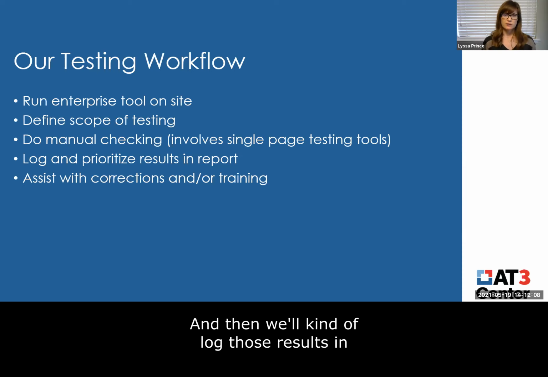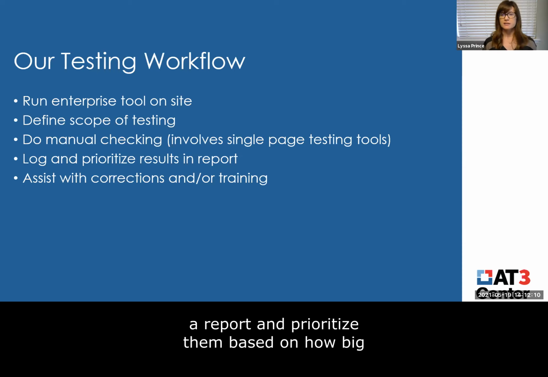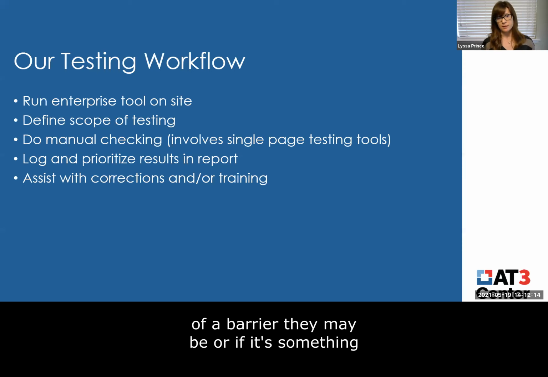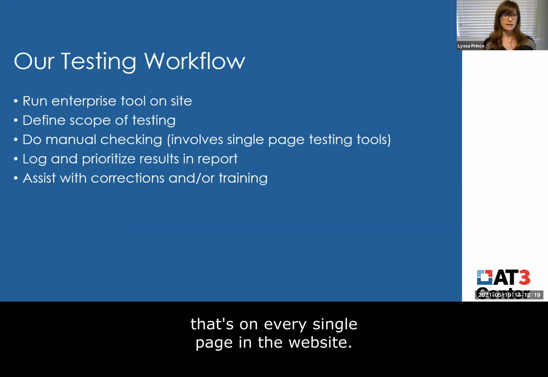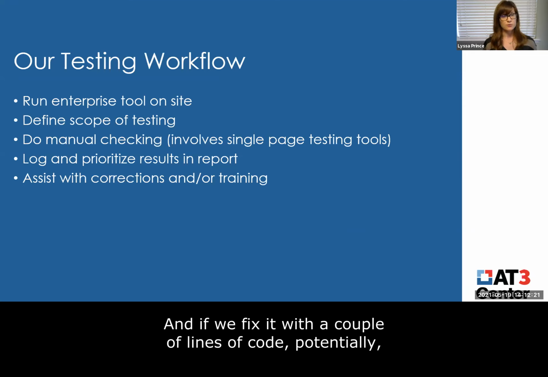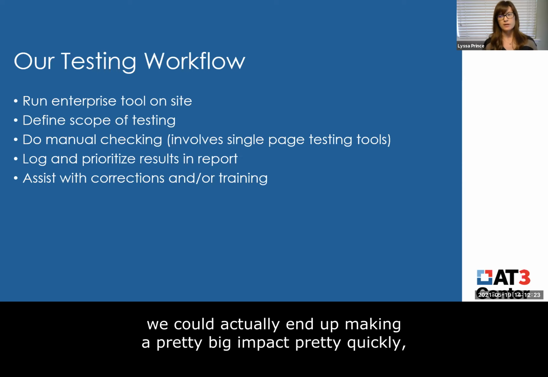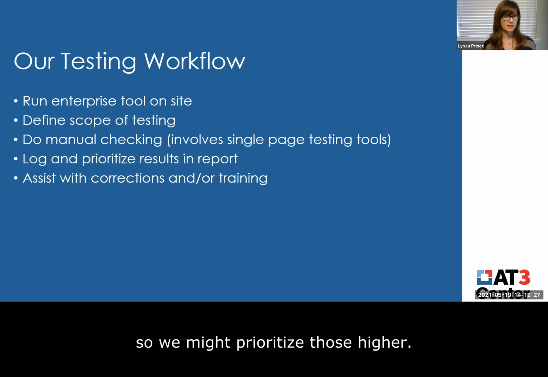And then we'll log those results in a report and prioritize them based on how big of a barrier they may be, or if it's something that's on every single page in the website, and if we fix it with a couple lines of code, potentially, we could actually end up making a pretty big impact pretty quickly. So we might prioritize those higher.